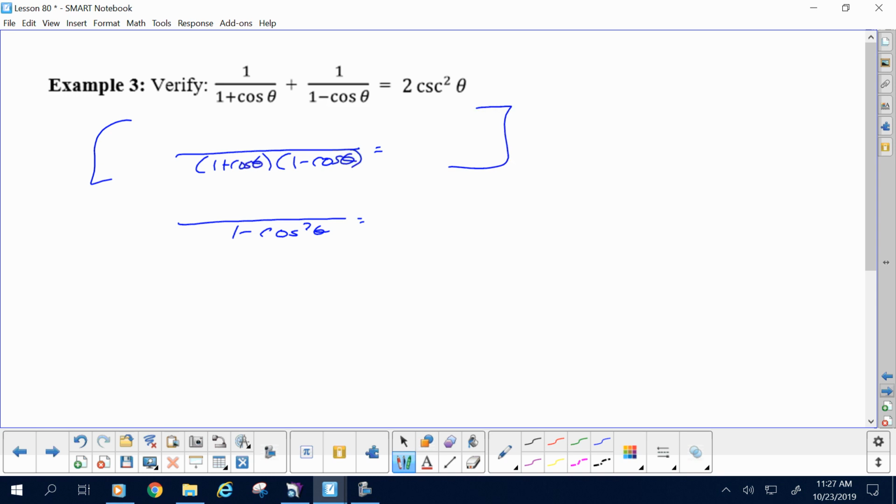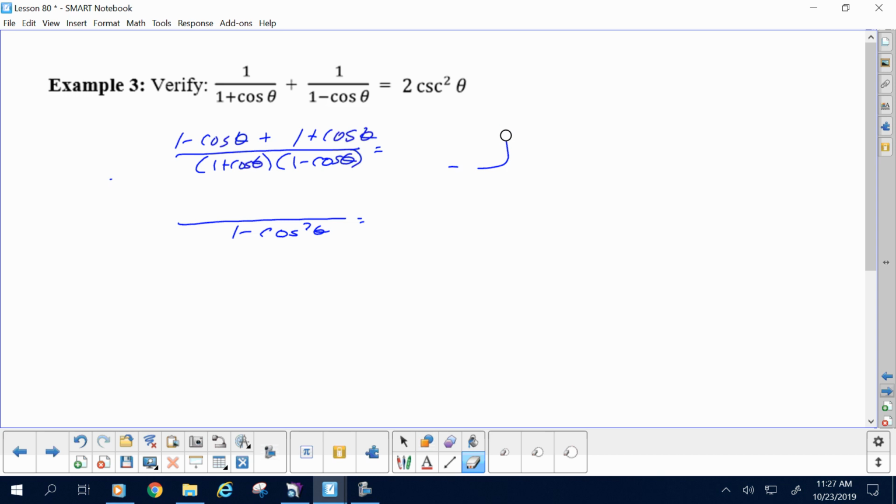All right, so the first one, what did you multiply top and bottom by? 1 minus cosine. And the second one? 1 plus cosine. Either way, I feel like you're still going to have to do 2 steps.